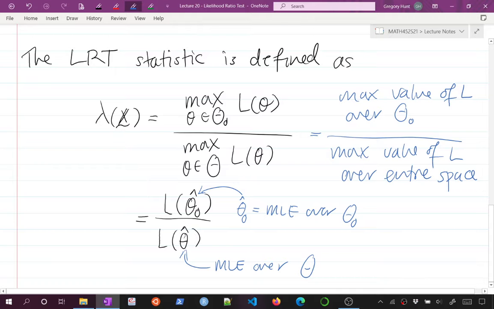If we maximize over the whole space, we just call that the MLE. If we maximize over some restricted space, maybe a null hypothesis theta naught, we could call that a restricted MLE, and in this case we call it theta naught hat. So you can think of the LRT test statistic as: I find the MLE restricted to live in the null hypothesis, and I look at the ratio of the likelihood function evaluated at these two things.